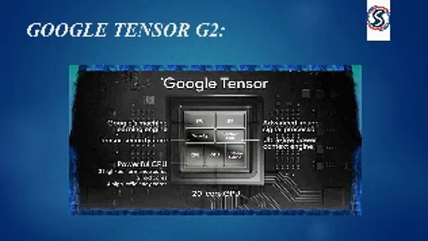The first generation Tensor is in the Pixel 6, and it is a significant step up from the chips Google used in the previous generation mid-range Pixel 5. And we have the Pixel 7 series also.